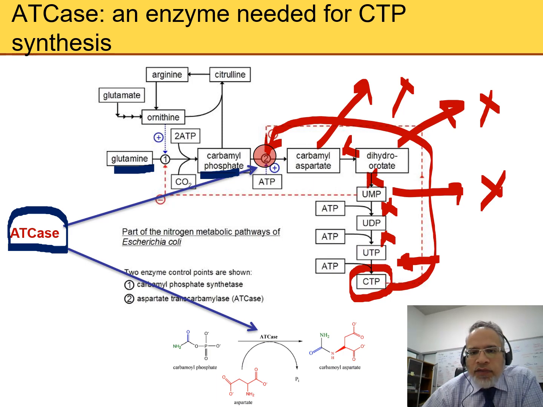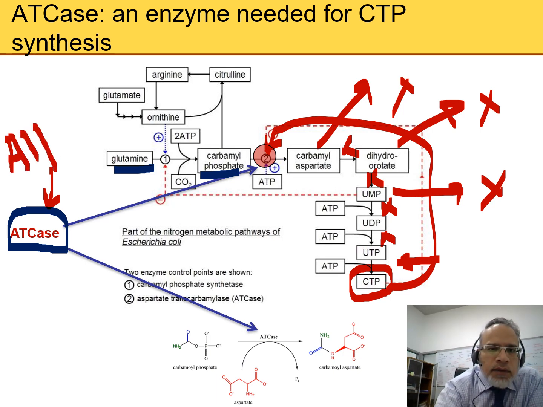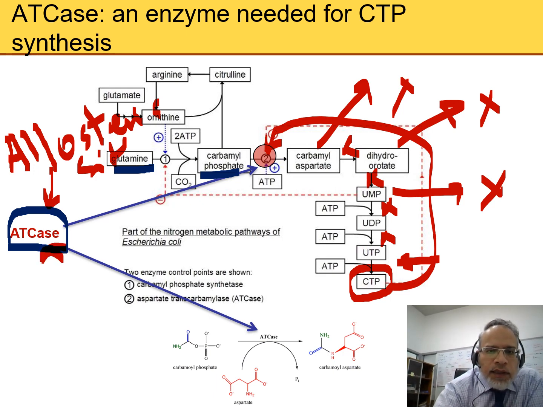And that is why it's called feedback inhibition, where CTP would go and bind to ATCase, but it'll bind to a different site. It's going to bind to an allosteric site. And of course there will be an active site here.